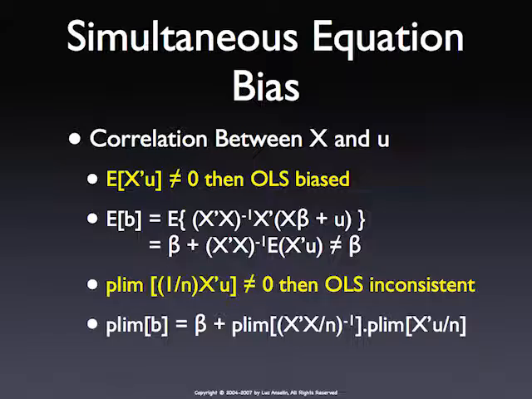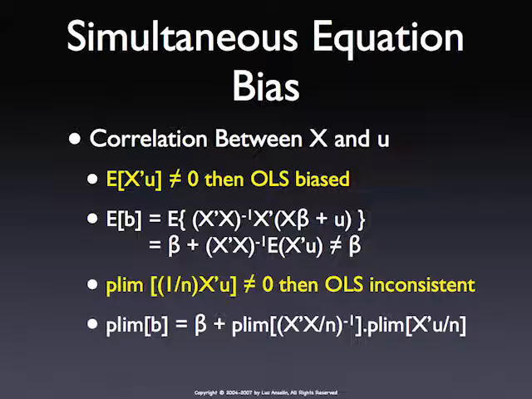So both the finite sample property as well as the large sample property are not satisfied when we have this correlation. And just to set the stage for later, and I apologize ahead of time because the notation gets quite formidable, these are basically half slides full with one equation on them.